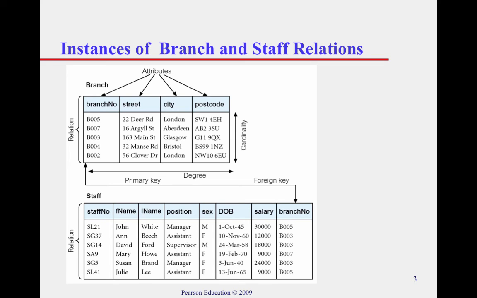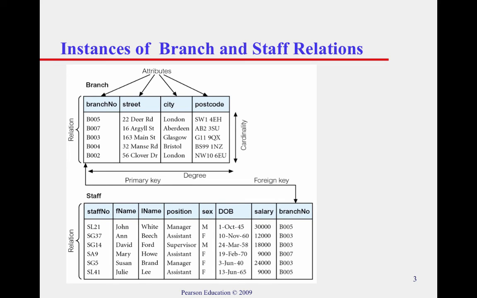In the relational model, each entity is represented by a table. So in this case, we have two entities, branch and staff. And we call the tables relations. So the formal terminology for a table is relation. The more colloquial term is table. And each table has some number of columns, each column representing an attribute of that entity.